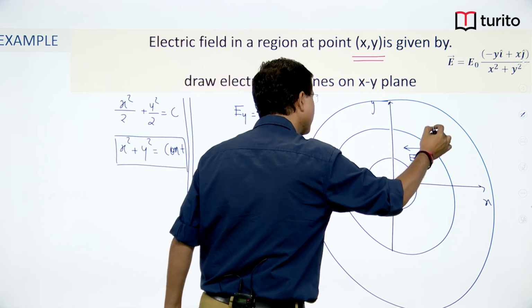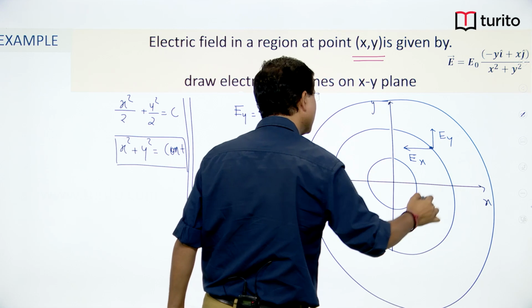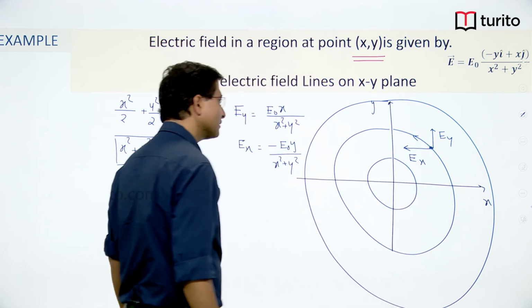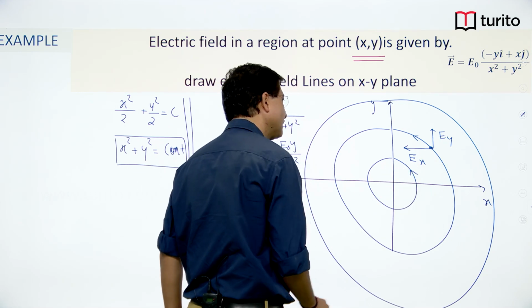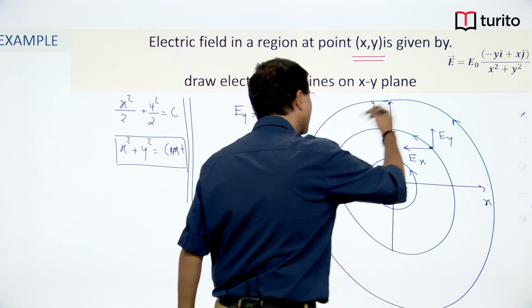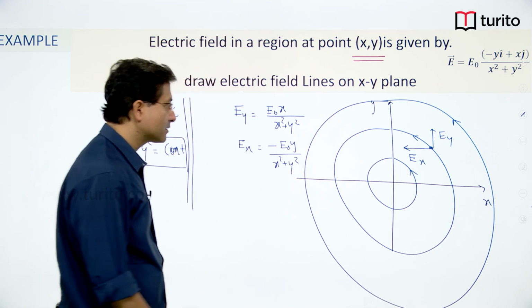The resultant of these two will be in this direction. That means the direction of the electric field lines will be counterclockwise in space.